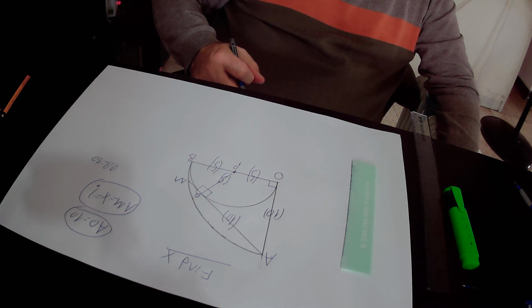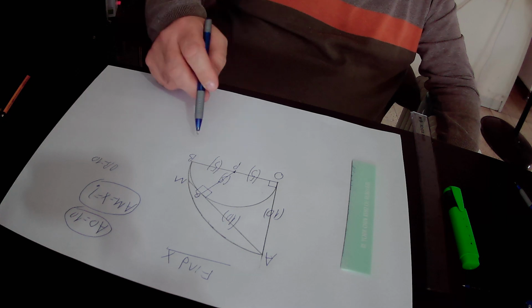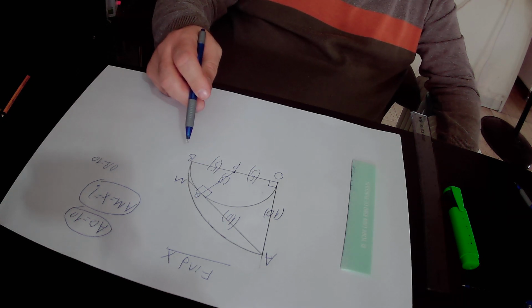So, in the next step, we extend side AM and side OB by straight lines until they touch each other.